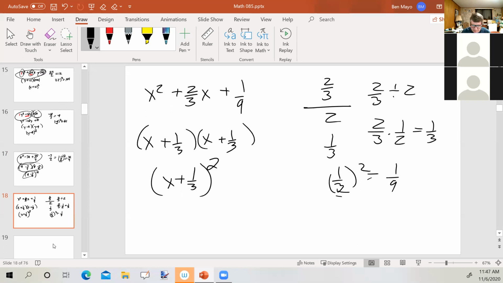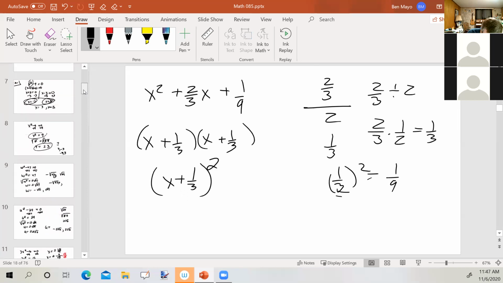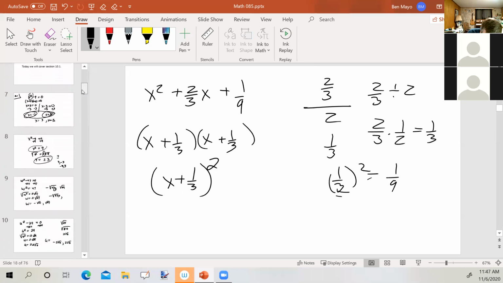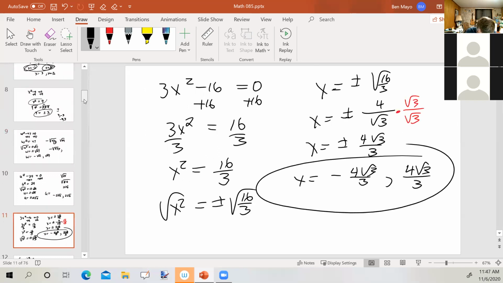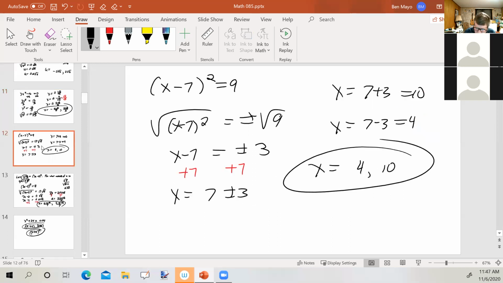All right, now if we go back a ways, let's see here. Actually, what do I want? I want further down. This one. This problem, we had a perfect square set equal to a constant, right? And that was nice. We took the square root of both sides and wonderful things happened.